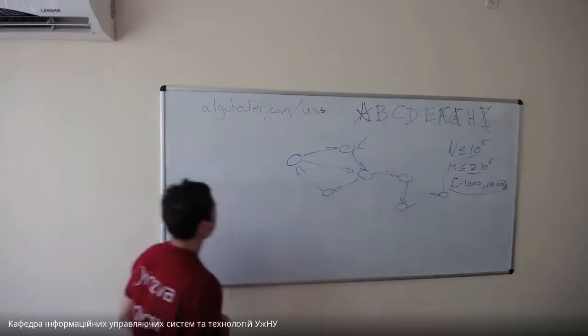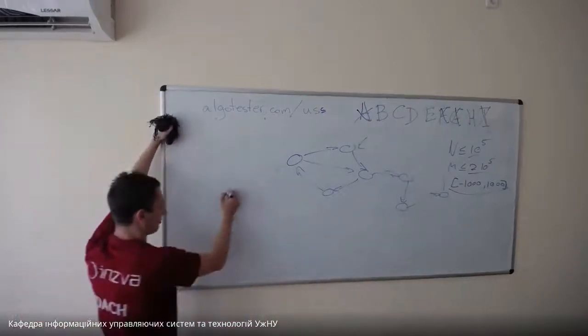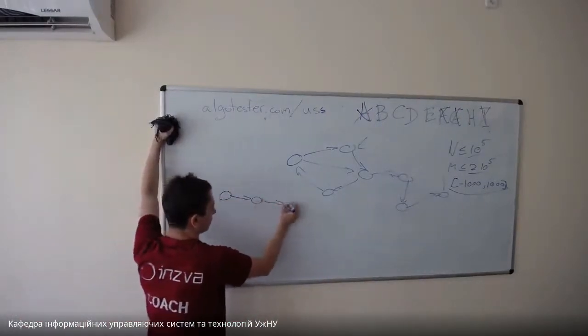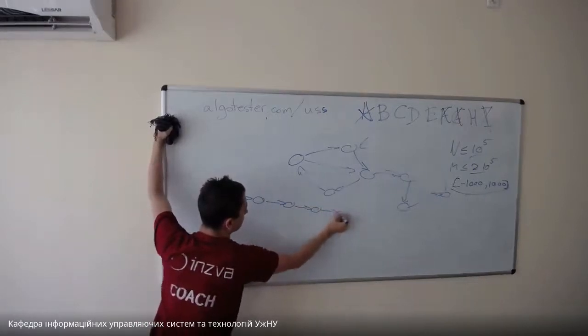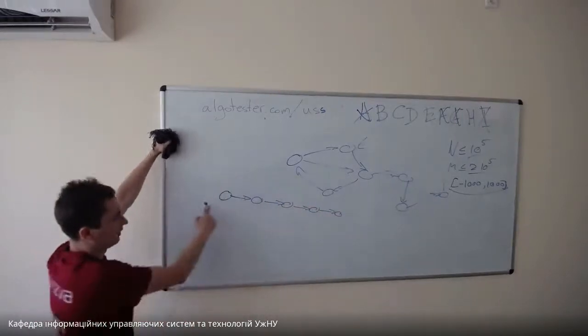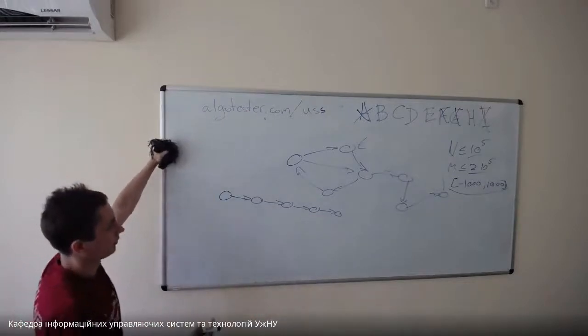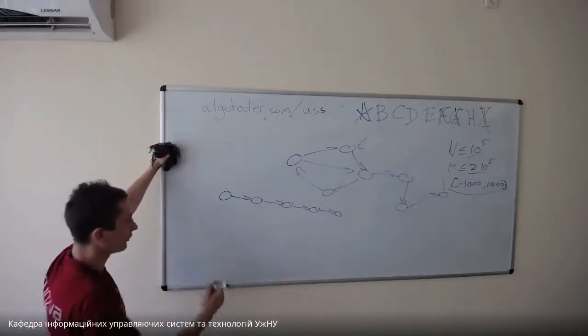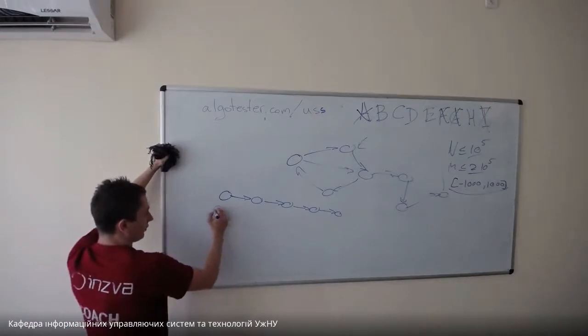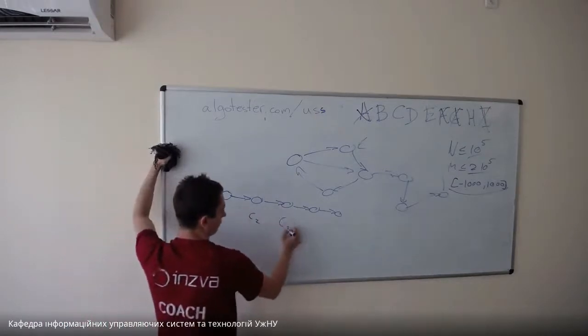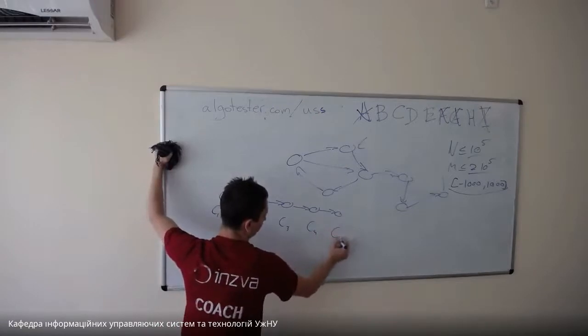So, let's consider some paths in the graph. Each vertex has its color. We assign a color to each vertex. So C1, C2, C3, C4, and C5.